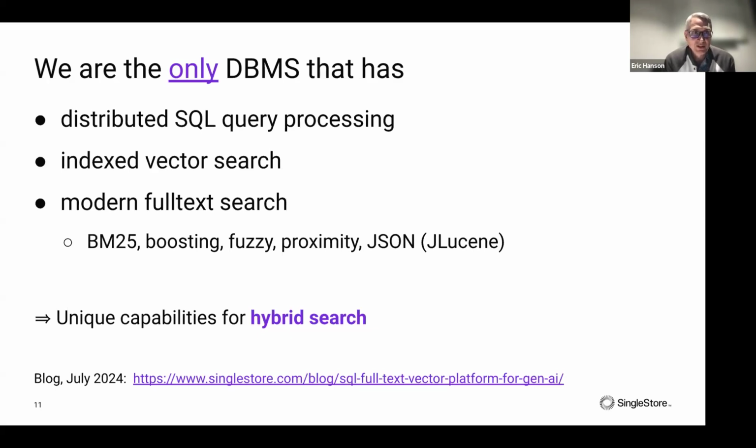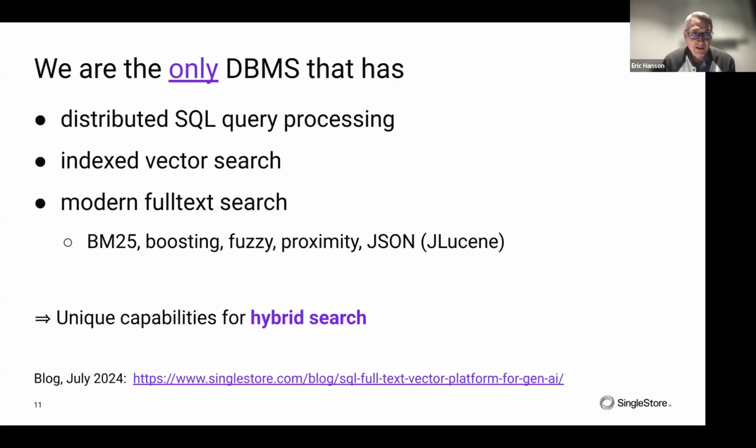We support indexed vector search since the 8.5 release at the beginning of 2024. Indexed vector search, or approximate nearest neighbor search, is very important for doing a great job of semantic search and retrieval augmented generation related to text.